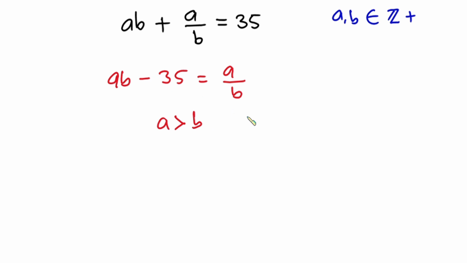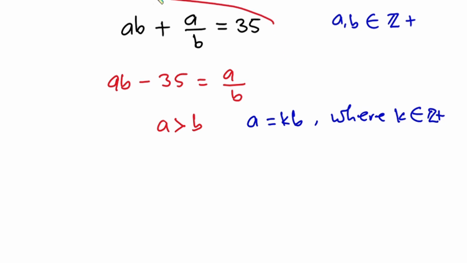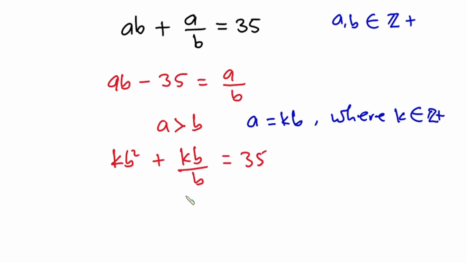And this means that a is a scalar multiple of b, right? Where k is also an integer. So in place of a from this original equation, we're going to put kb. So we have kb squared plus kb over b is equal to 35.